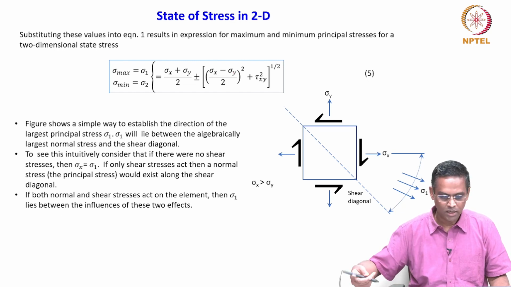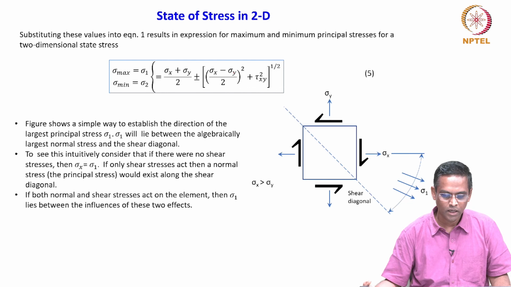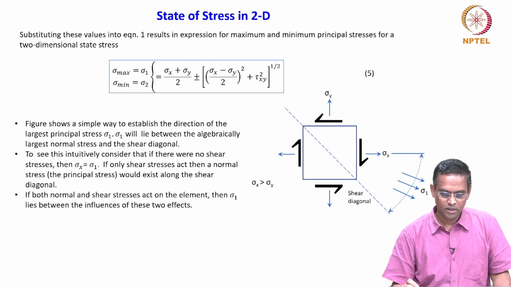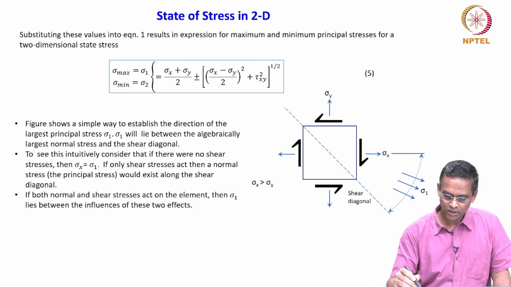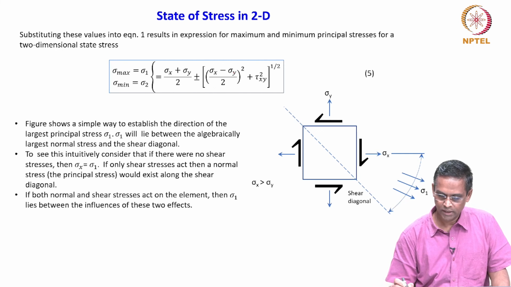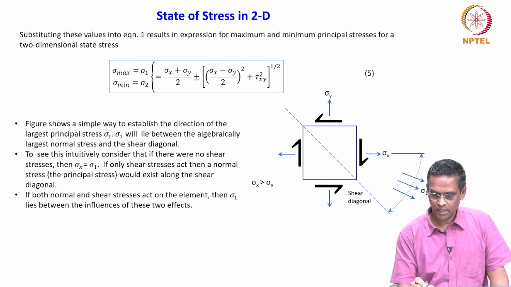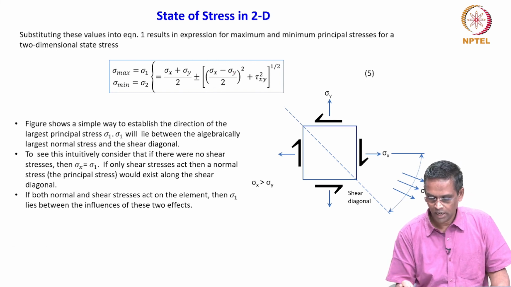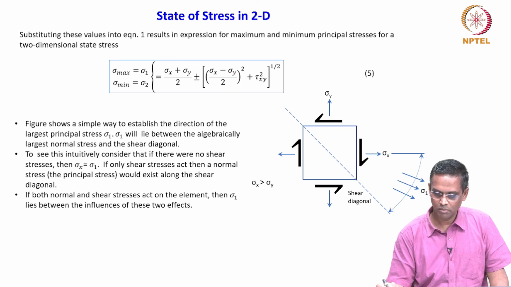What we can do now is look at this figure. This figure shows a negative shear stress, and this is a shear diagonal, and this sigma x is a normal stress, and sigma y again a normal stress.